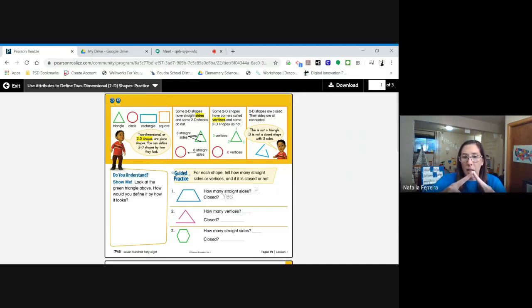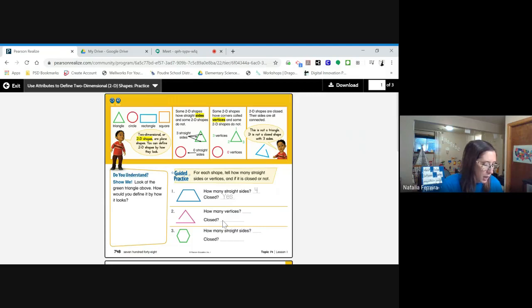I see 2 vertices. Is it closed? Can I walk into the middle of the shape? It is not closed. So no, it's not closed.